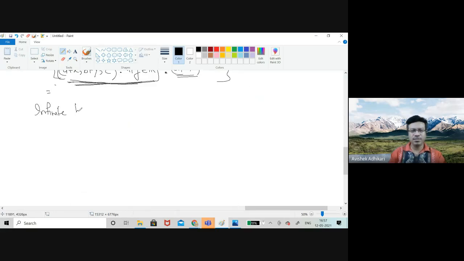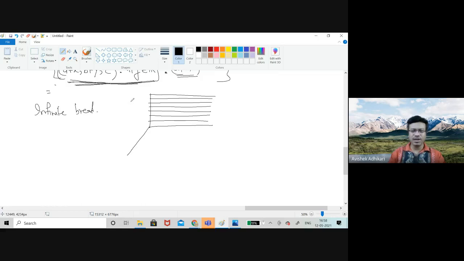Infinite bread means, if the bread is three-dimensional, right? Then it is basically a slice. Slices are there one after another.